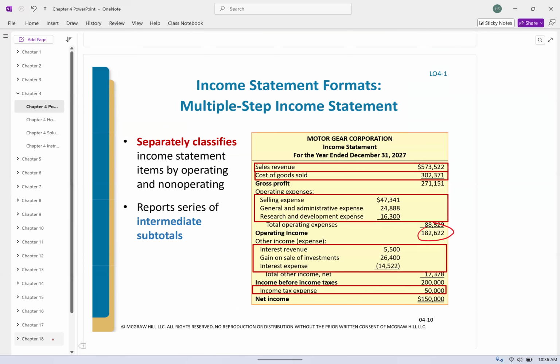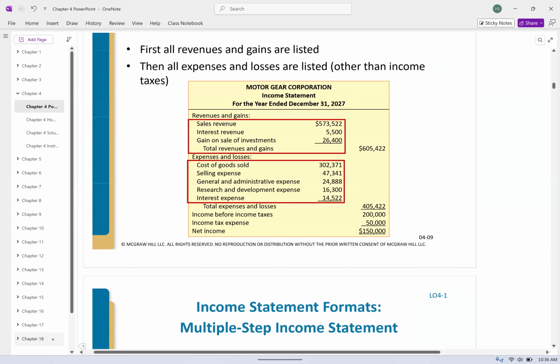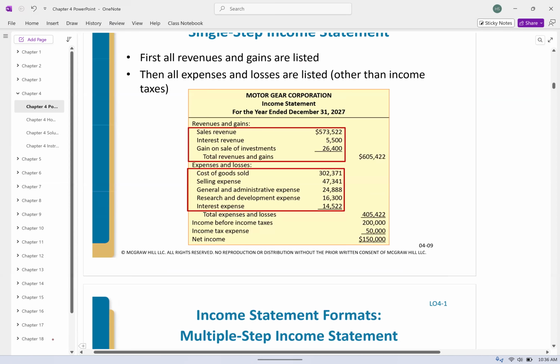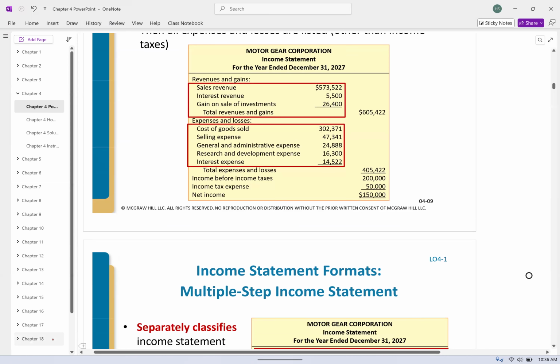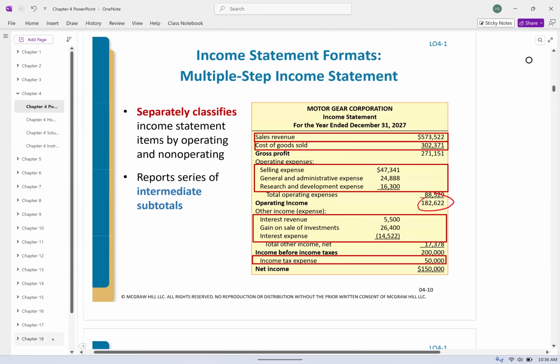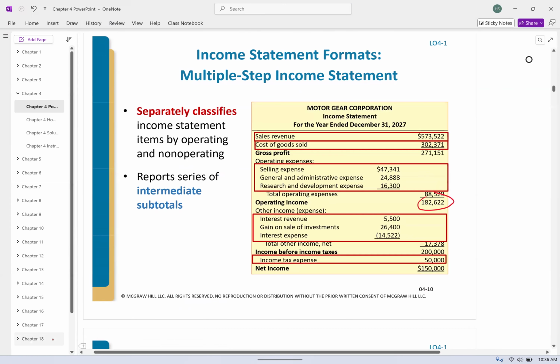We didn't know from this up here, we didn't have that operating income, because interest expense got lumped over into all the expenses, and we want to sort of separate it out so users of these financial statements can make better decisions. Then total other income net, and then income before taxes, then our tax expense.